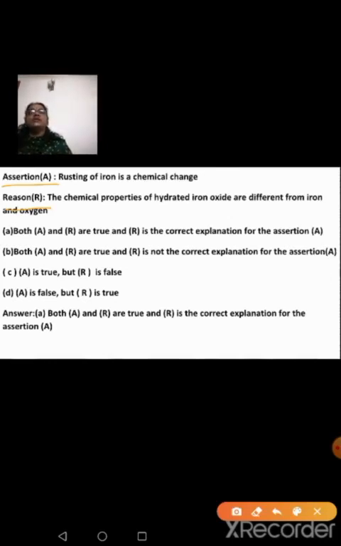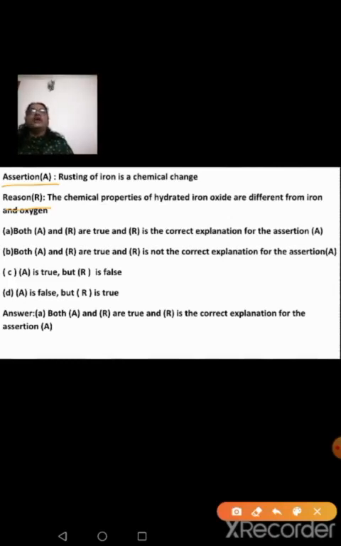So the chemical properties of this hydrated iron oxide, that is your corroded iron which has turned brown, are different from iron and oxygen. Obviously, yes, the chemical properties will be totally different from its parent element. So according to this, which option will come, you have to see. Both A and R are true and R is the correct explanation for the assertion.